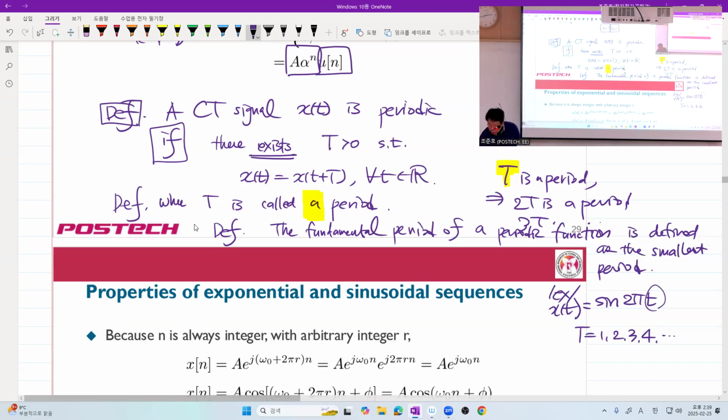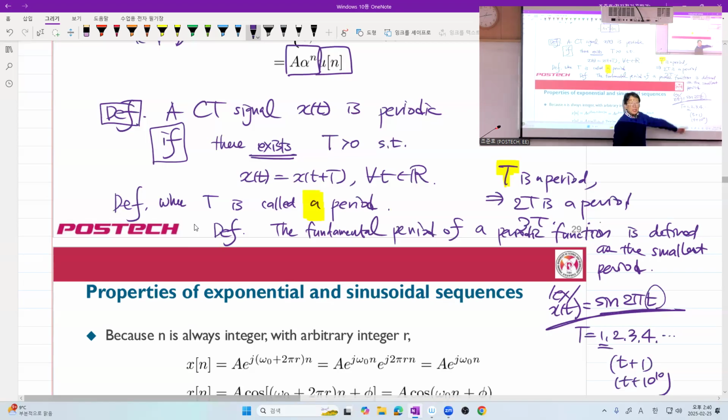Because if you replace this t with t plus 1, then from the property of the sine function, you can show that x of t equals x of t plus capital T. So it seems that given this periodic signal, you have the fundamental period 1, right?